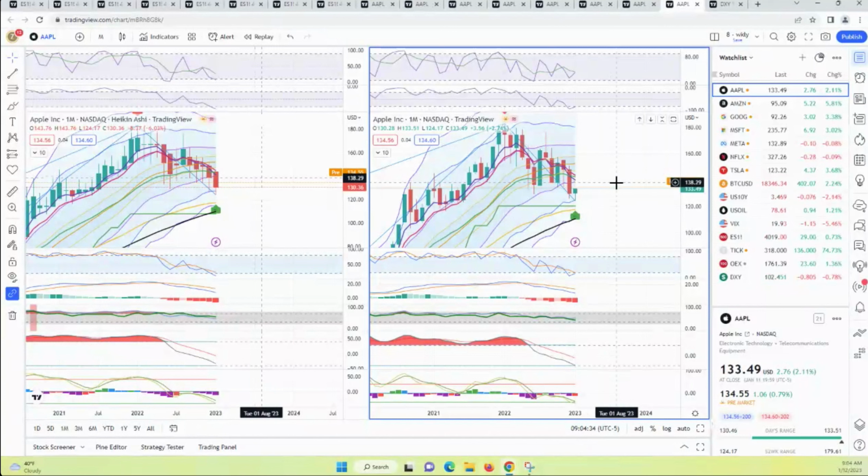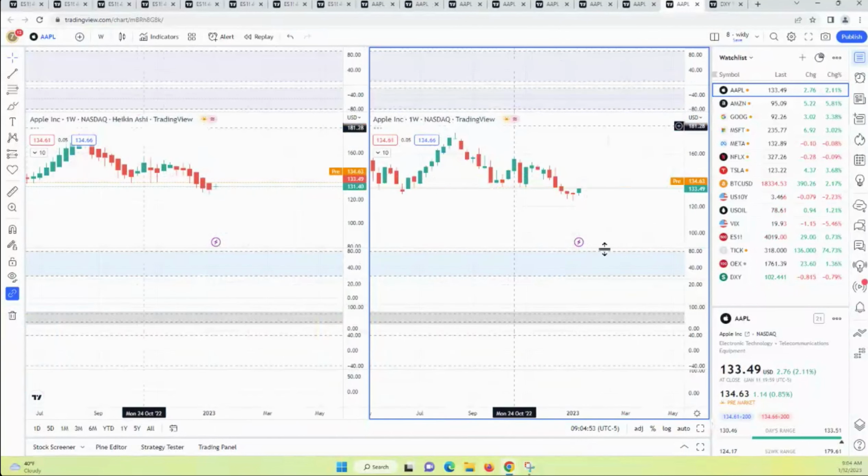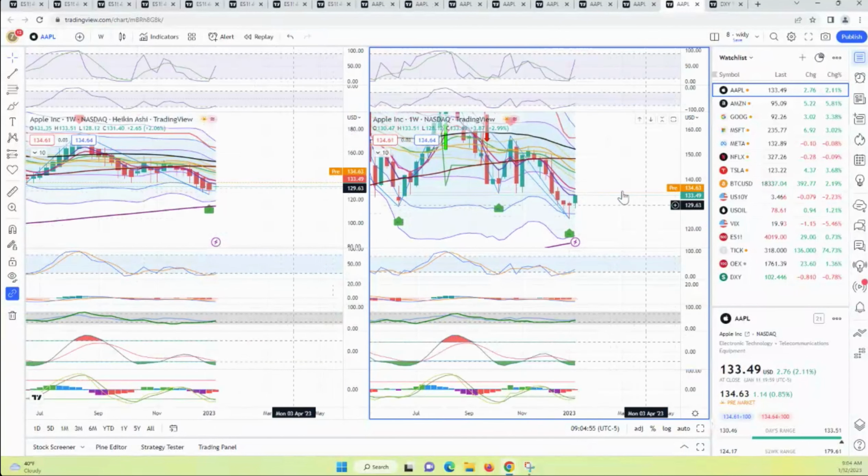Because the CPI has come in in line, and the expectation from CPI is to move lower, very likely you can expect Apple to move all the way up here, probably run up into the earnings around the 138 to 139 area. That's again a picture for a higher time frame.